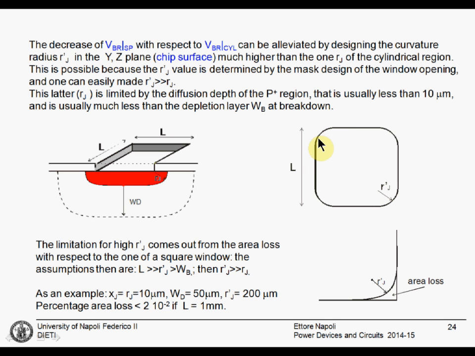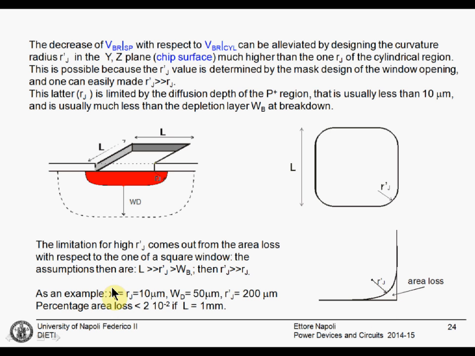What are you losing? You are losing this chip area. This portion of your chip could carry some current, and on the other hand, this becomes inactive. So you are losing some current capability. But this is very small.